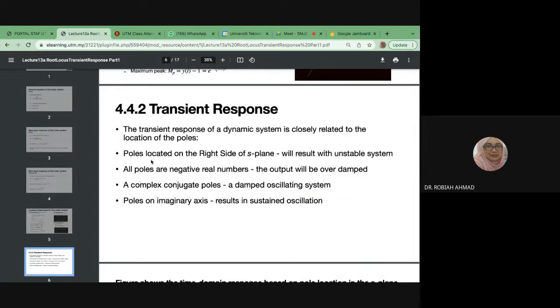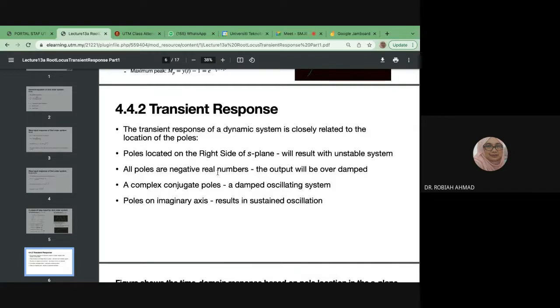Okay, poles located on the right side of S-plane. Okay, jadi kita ada S-plane. Okay, so if you have the S-plane yang imaginary dengan real axis tadi, if it is on the right side of the plane, it will result with unstable system. Itu kita belajar masa buat stability.